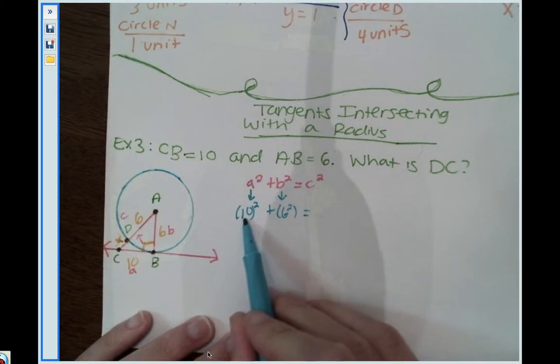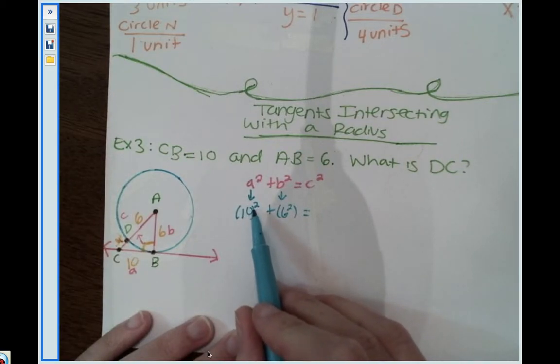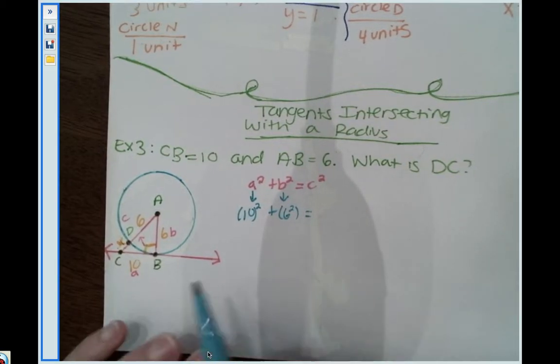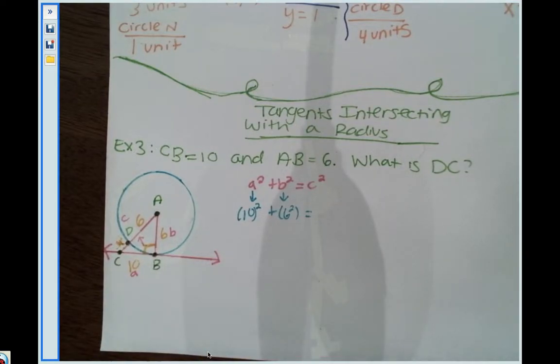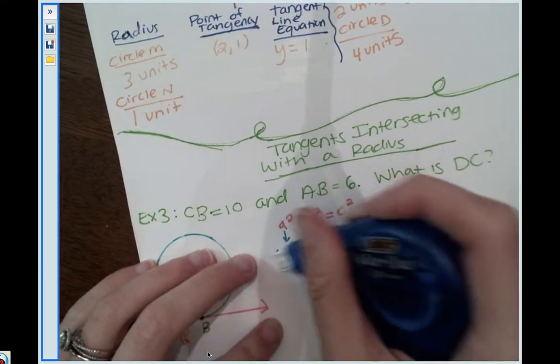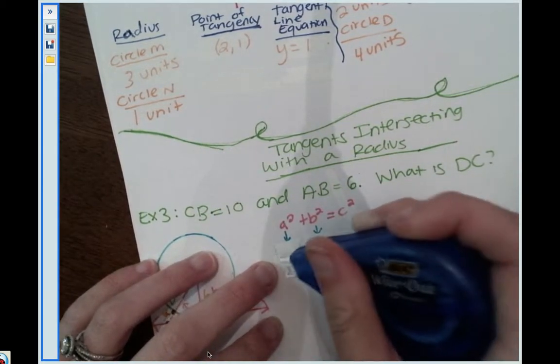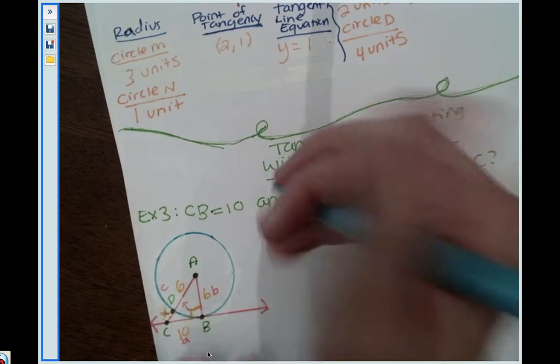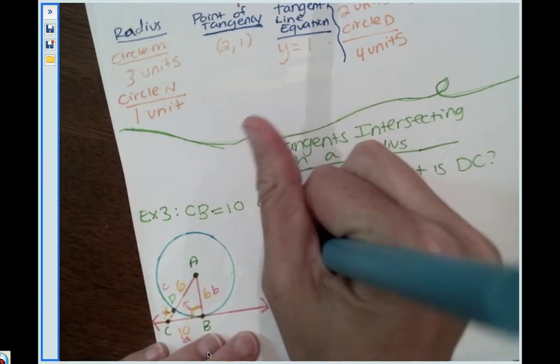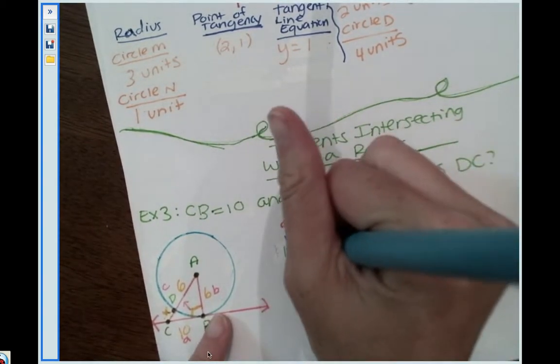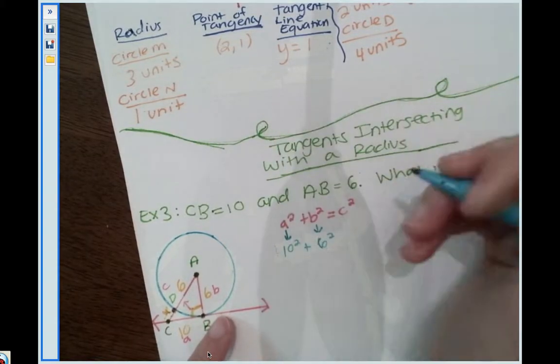It doesn't matter, you could put the 10 in the parentheses with the squared, or you could put the squared outside. It doesn't matter. I don't even know why I put them in parentheses. Honestly, it's irking me, so I'm going to just ignore me. I'm having a moment, you guys. Okay, so let's try this again. So a is 10 squared plus b, which is 6 squared. You don't really need the parentheses.